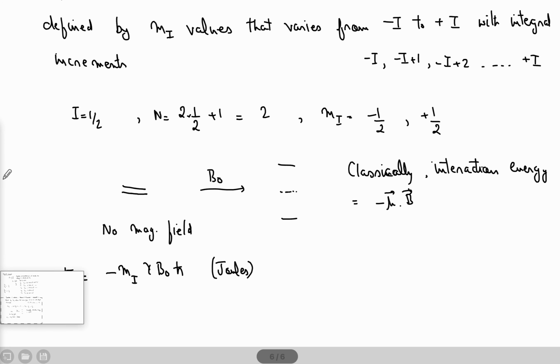So now let us calculate the energy of these two states. For ease of writing, let us call this state the alpha state and this state the beta state. You can just give some names to it. So E of alpha will be equal to minus of mI, which is plus half, so half gamma H B0 h cross, if we are talking about proton, the 1H nuclei.